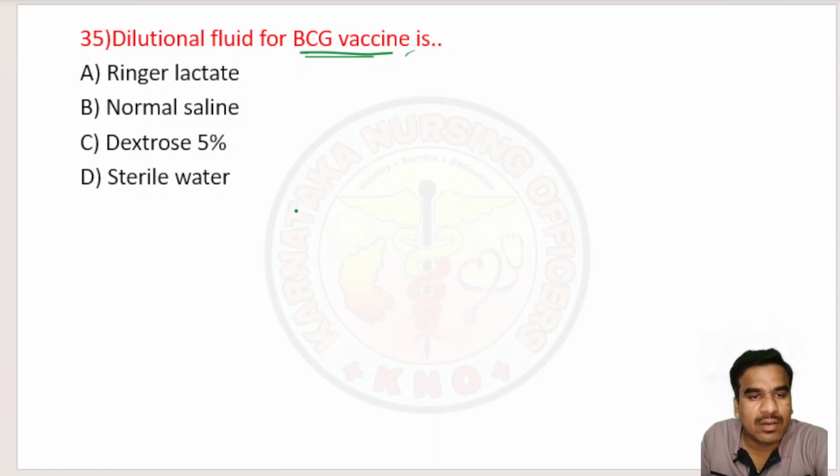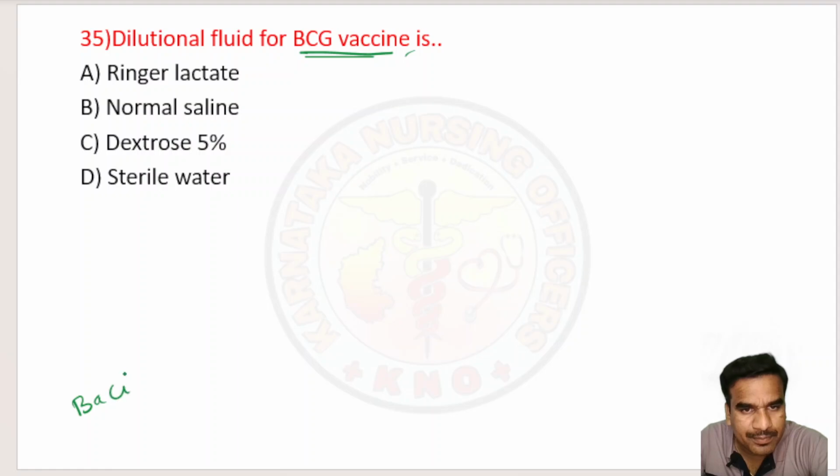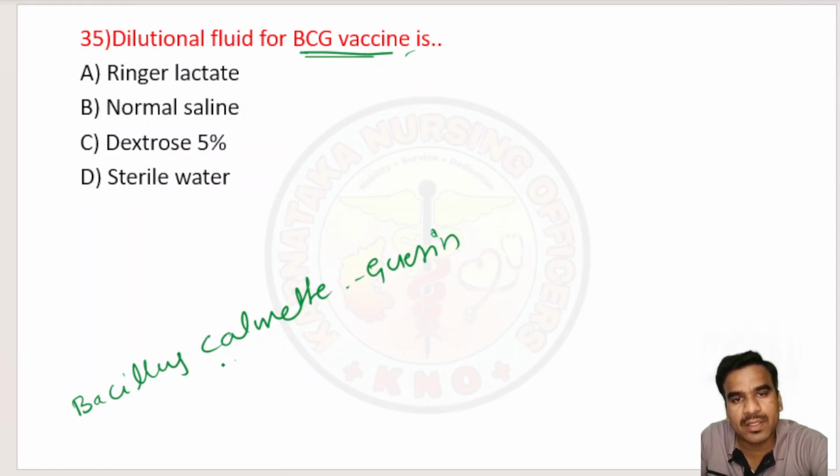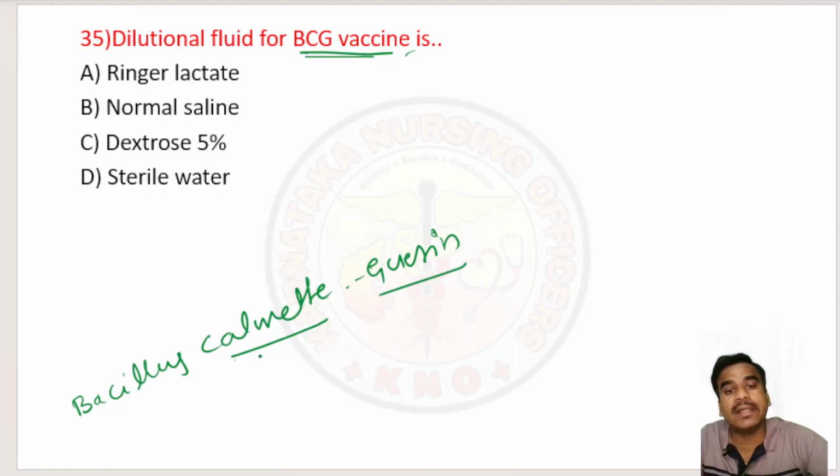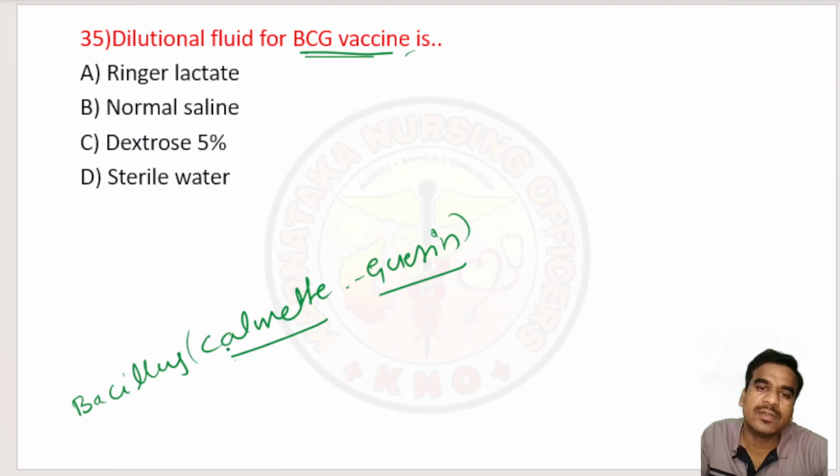What is the expansion of BCG? That is Bacillus Calmette Guerin. Okay, this is the Bacillus Calmette Guerin. So these two are scientists, Albert Calmette and Camille Guerin. These two are the scientists who invented the BCG vaccine.